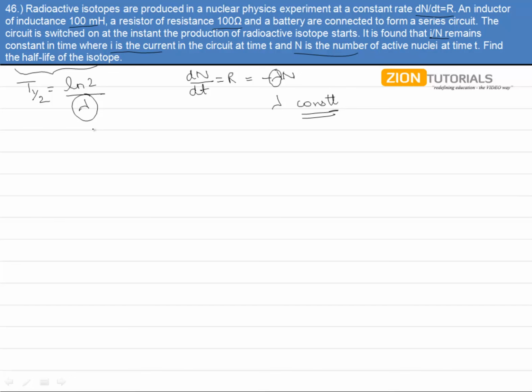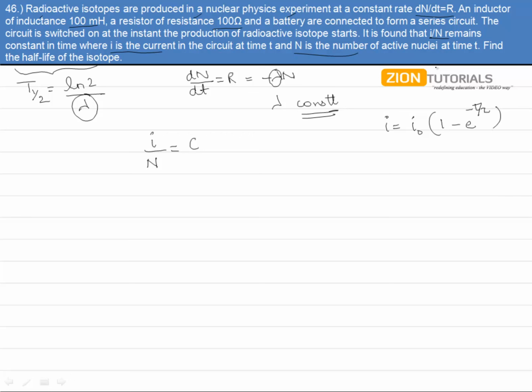Now let us work to find the lambda for this question. We have been given that I by N is constant. Let that constant be some random constant C. Now they have given us a series circuit of inductance, resistance and battery, and we know that for such a circuit the current at time t is given by I naught into 1 minus e to the power minus t by tau.